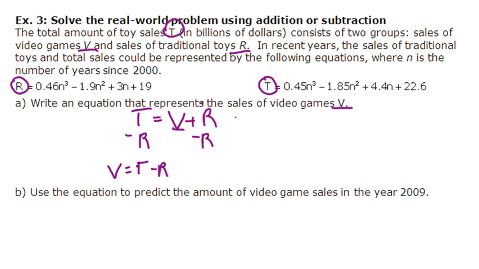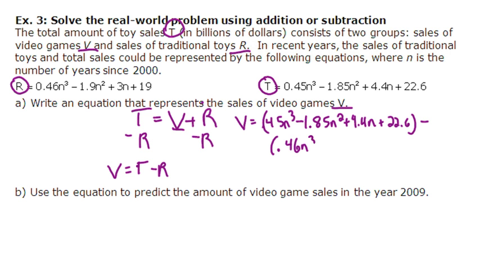So what I'm doing is I'm taking the total sales, 0.45n to the third minus 1.85n squared plus 4.4n plus 22.6, and I am subtracting the R, the traditional toys, so 0.46n to the third minus 1.9n squared plus 3n plus 19. So even though there's decimals, this is still the same process.